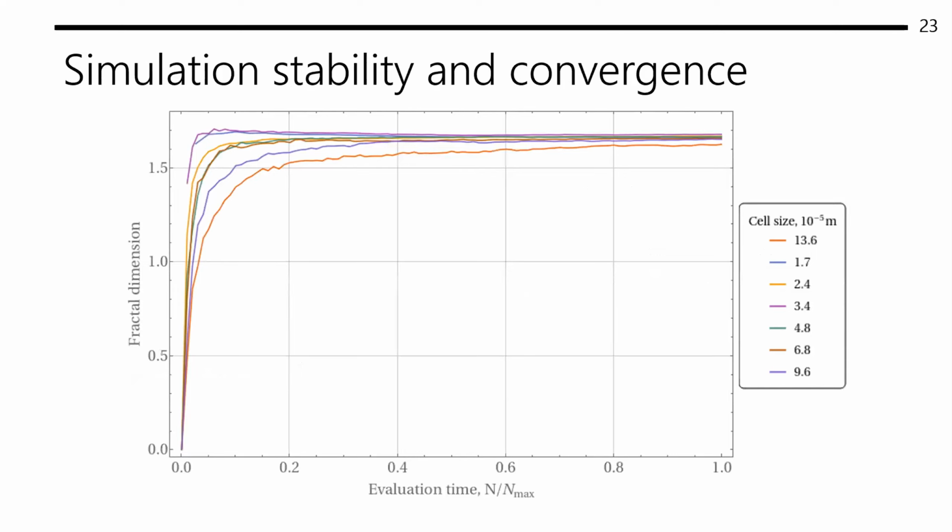What I want to talk about now is the stability and convergence of the fractal dimension in my simulation. So what I did, I computed 7 simulations with different grid sizes, and what you can see here is that all of them approach the same value.